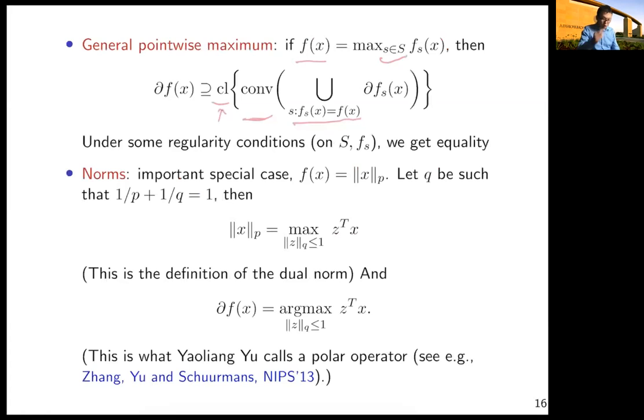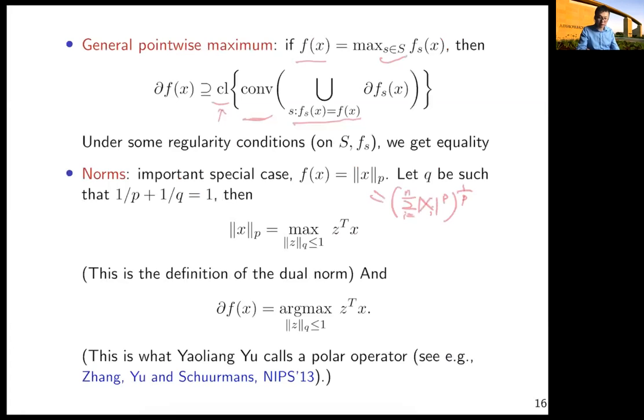In particular, we're going to be working with the set of all vector norms and all the p norms. The definition of the p norm is the sum of the absolute value of x to the power of p over all the coordinates, and then to the power of 1 over p.